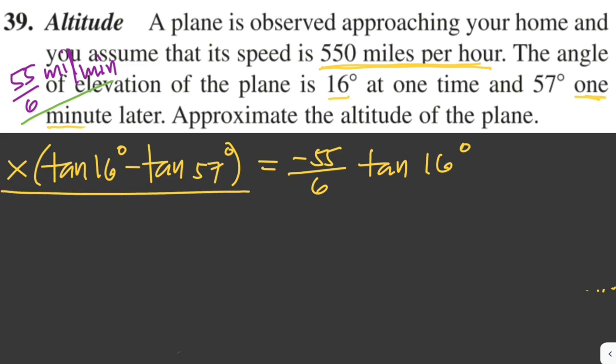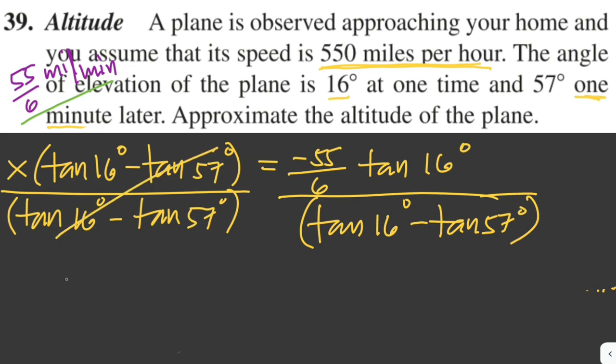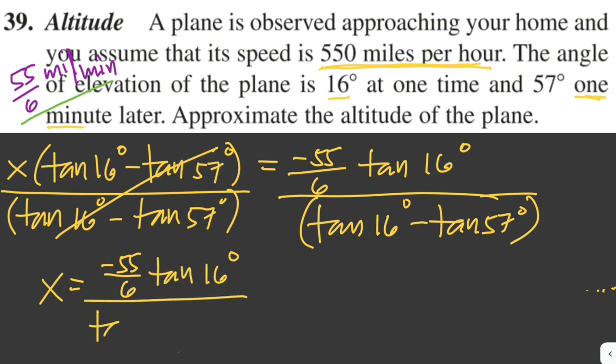And we divide both sides by tangent 16 degrees minus tangent 57. This cancels out, so our x is just negative 55 over 6 tangent 16 degrees over tangent 16 degrees minus tangent 57 degrees.